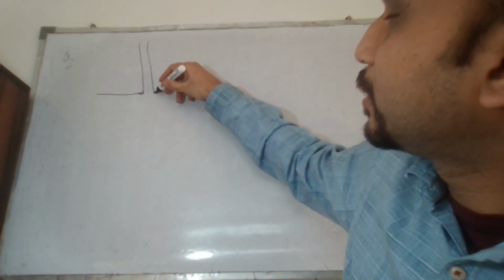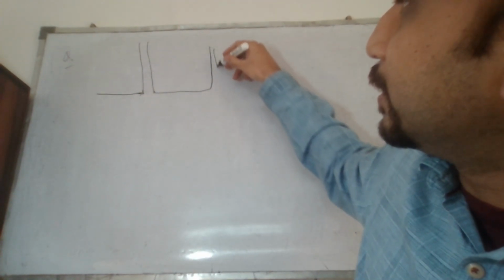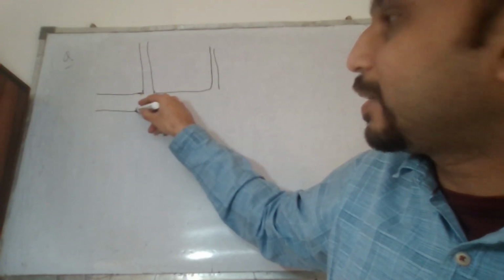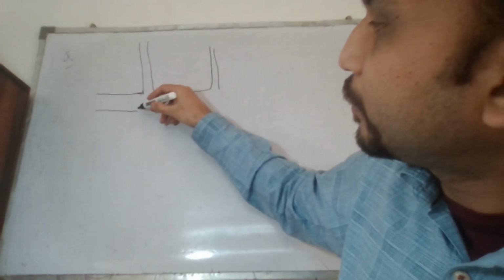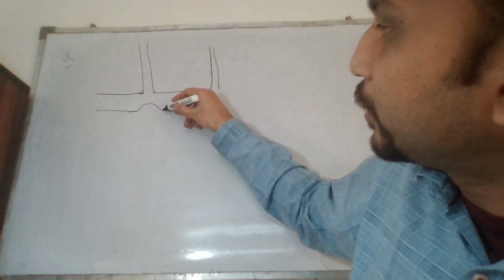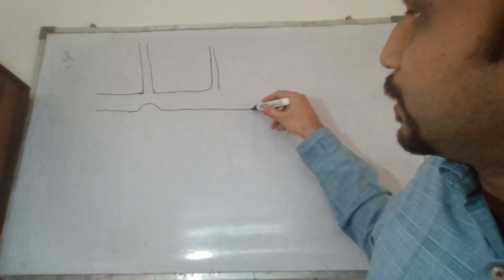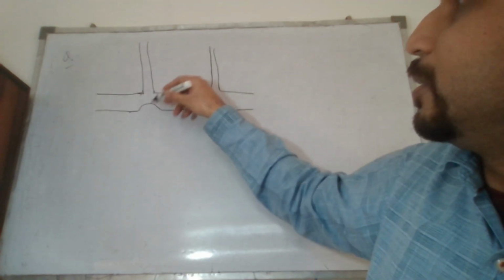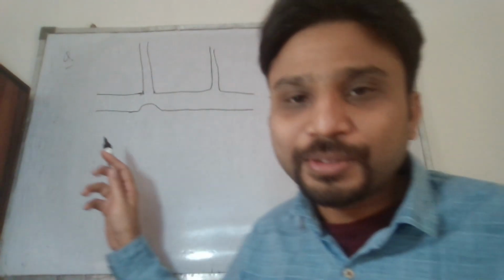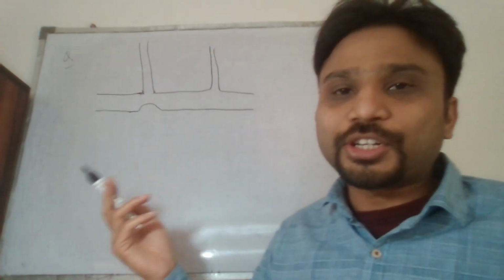So how it looks, that is what we want to see. It's like a device in which there is a tube attached like this, and there is one more tube like this. At one of the sections, they have made this kind of bump in the tube. So because of that bump, there is a constriction.